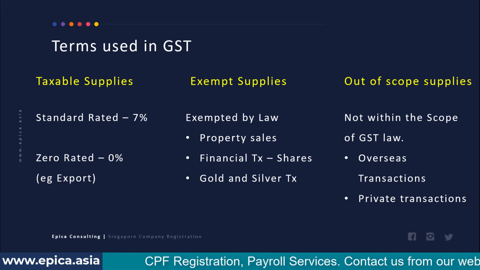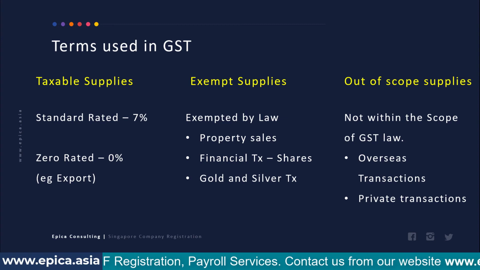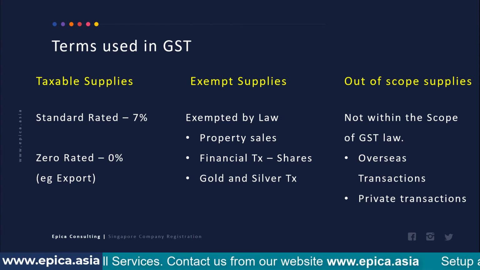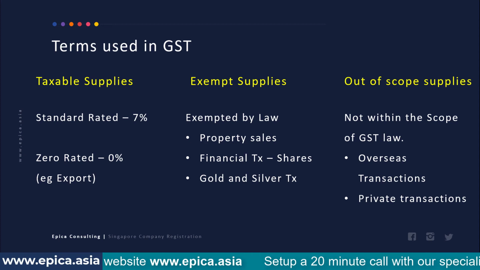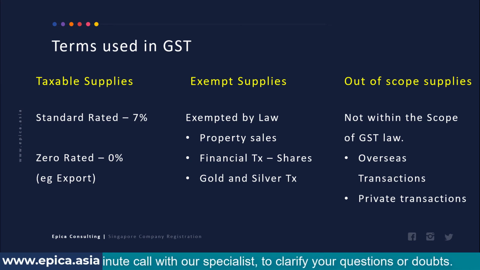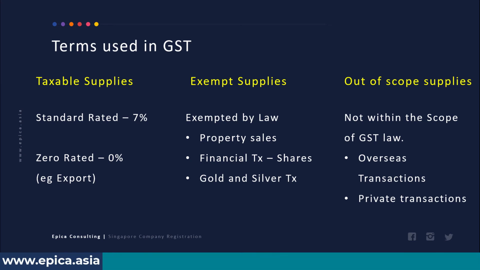Similarly, if there are private transactions between two persons which are not commercial in nature, then that also becomes an out of scope supply. For example, suppose I have a vintage car that I am selling to somebody, and the value of that car is very high, maybe it is gold plated or something like that, and the value is 1.5 million dollars.